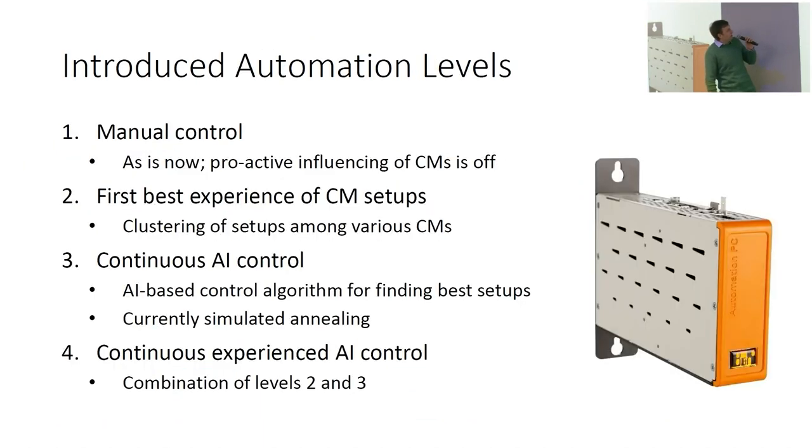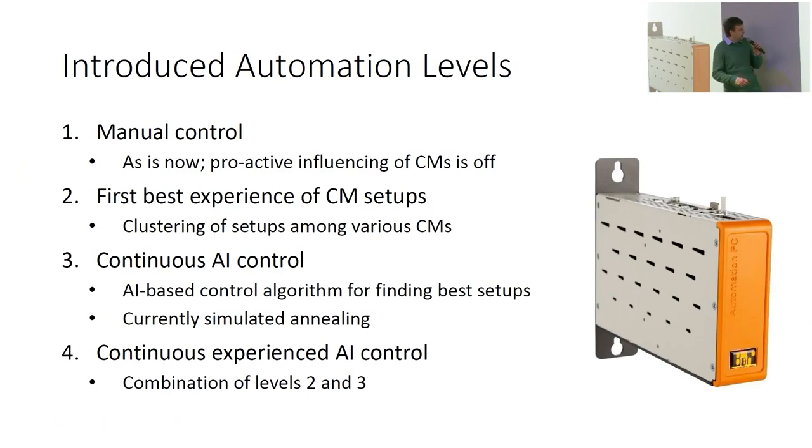So we have introduced several automation levels. The first one is the manual control, which is more or less the state as it is now. Plus, we are logging all the data from the counting machine, but the automatic intervention is off at this level.